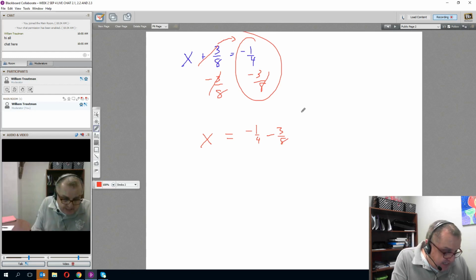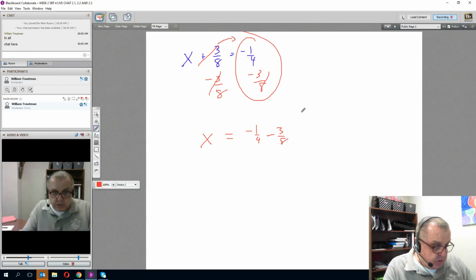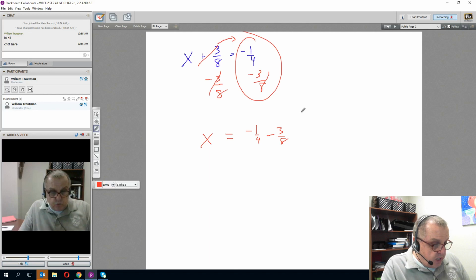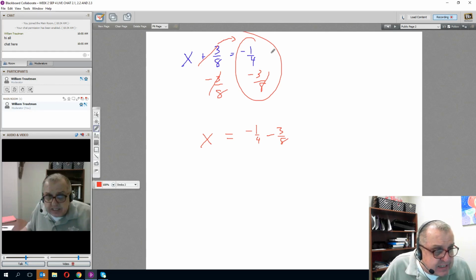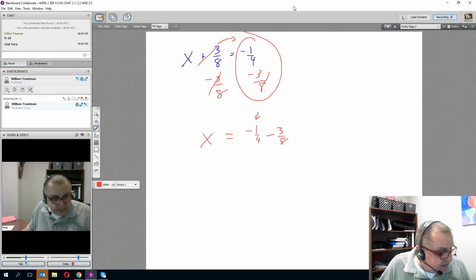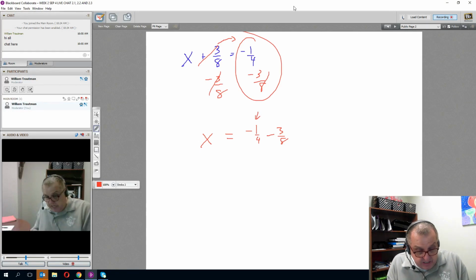So on my calculator, I'm going to do a negative 1 divided by 4. By the way, this is a fraction. It also means divide. Now, there is a fraction button on your calculator.